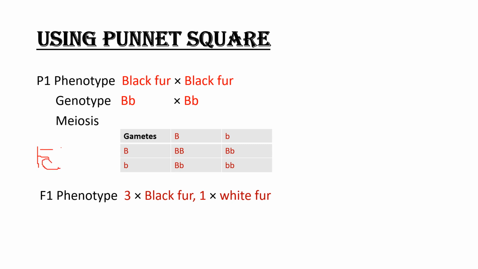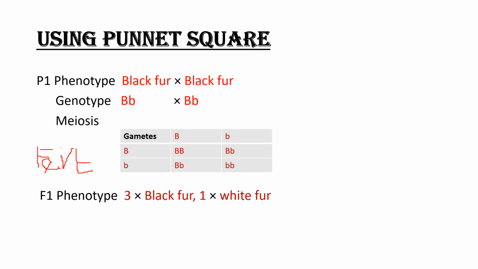So you just write fertilization, then you will have the genotypes of those offspring that you have been given, or you have worked out. So we will have three black and one white.